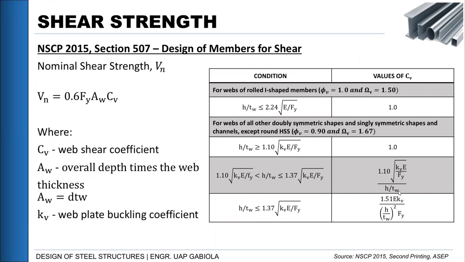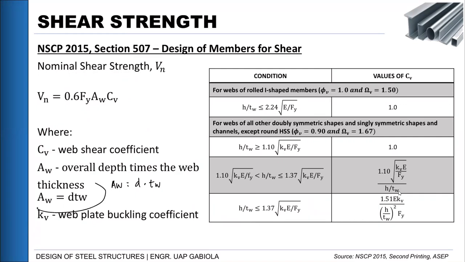Pero we need to understand how this formula works. According to NSCP 2015, section 507, the design of member for shear, or yung nominal shear strength natin Vn, is given by the formula 0.6 Fy Aw Cv, wherein yung Cv is yung web shear coefficient, Aw is the overall depth times lang nung thickness ng web natin, makukuha yun doon sa table.